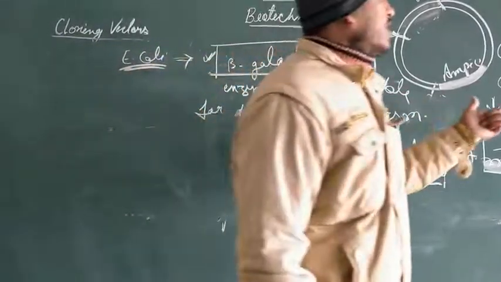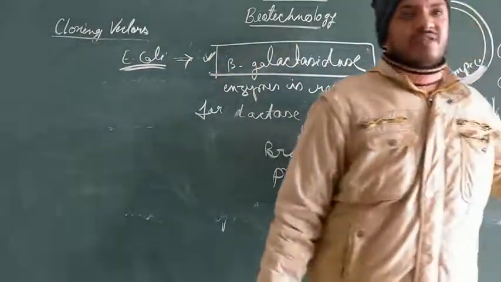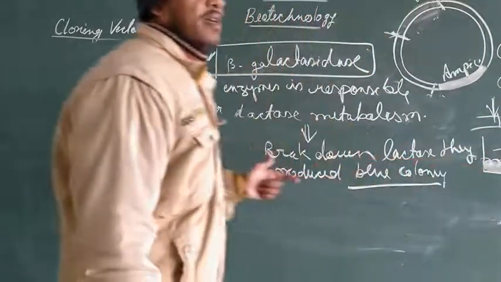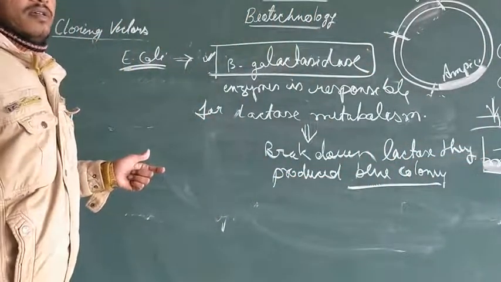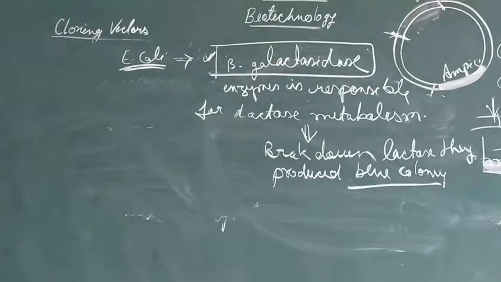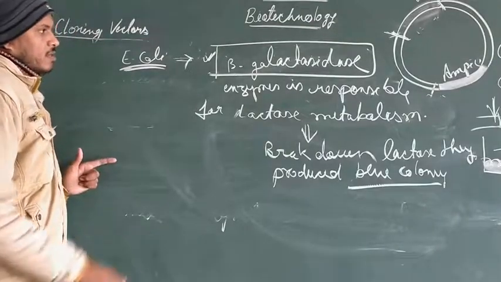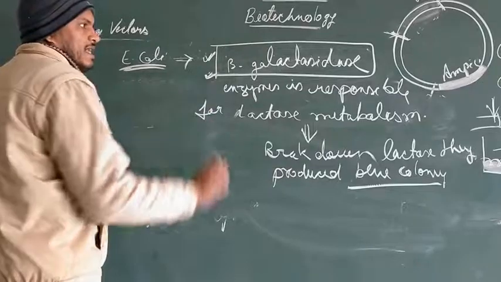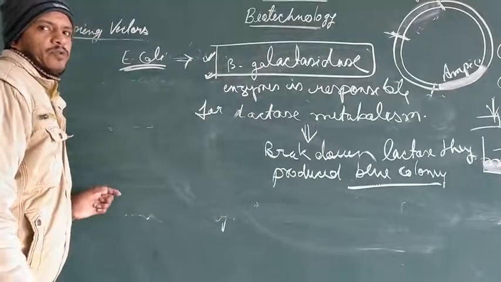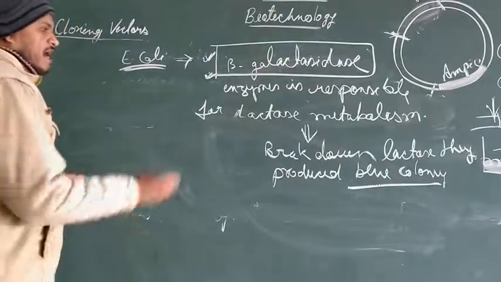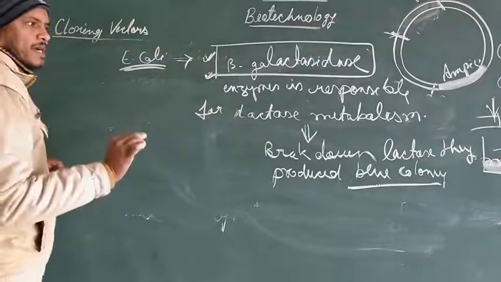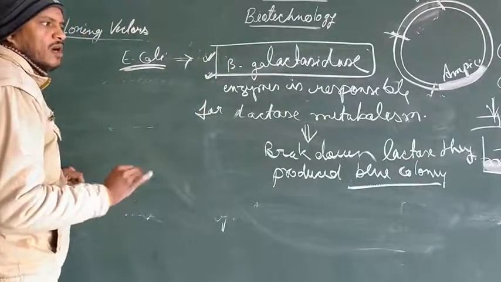That is the reason why we are saying insertional inactivation. So the beta-galactosidase enzyme is not going to be produced. As a result, they are not going to break down the lactose.